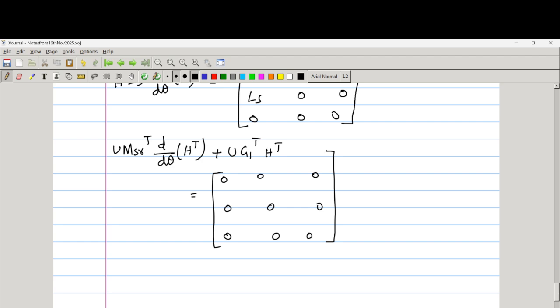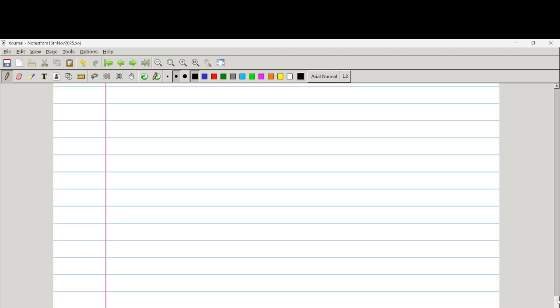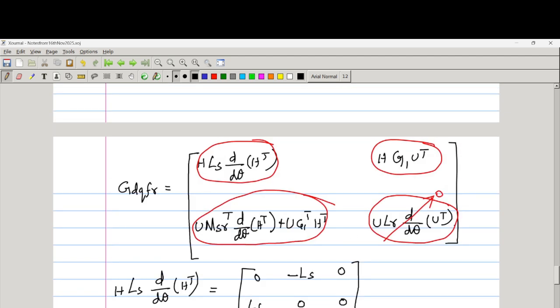So what terms have we finished? This term I have finished, and this is already a 0 matrix. Then we did this, right? Then another term will be the HG unit matrix, which we have already derived.